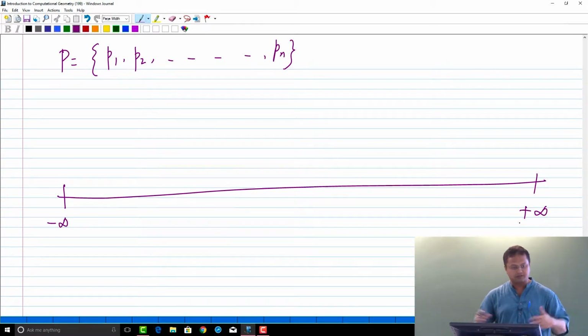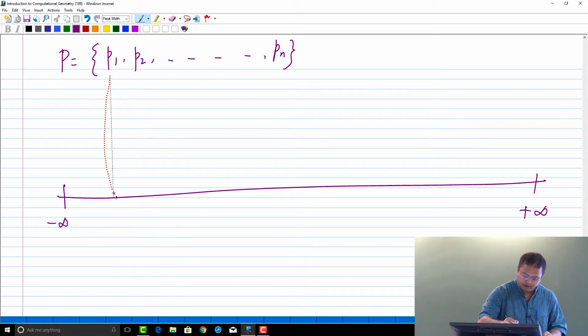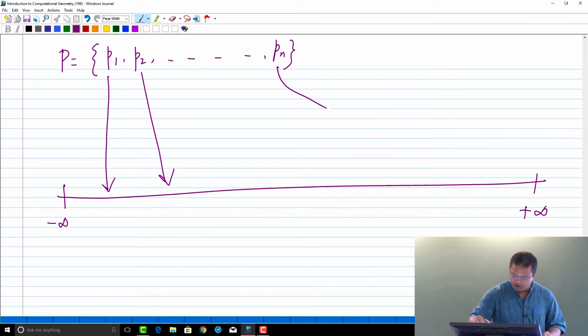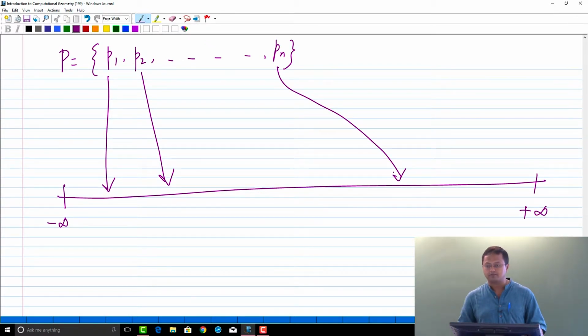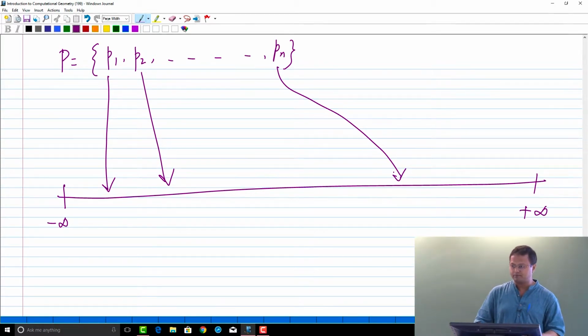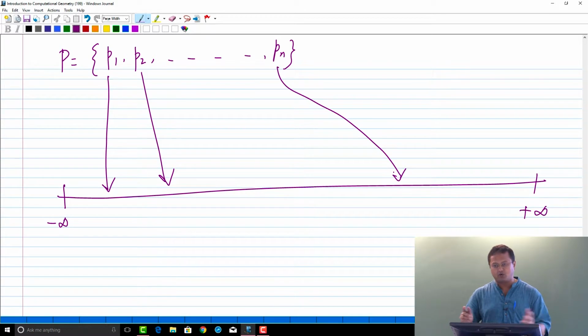They will be on this real line somewhere, and what I do is I keep from each point a pointer to the interval it belongs to. Initially everything points to this, I have one interval, minus infinity to plus infinity.